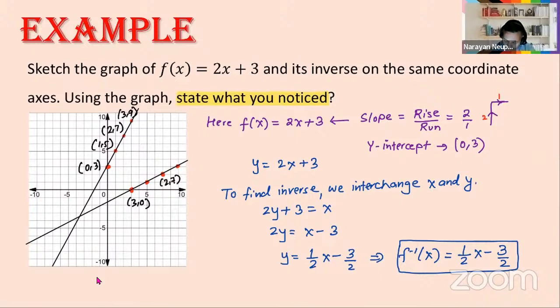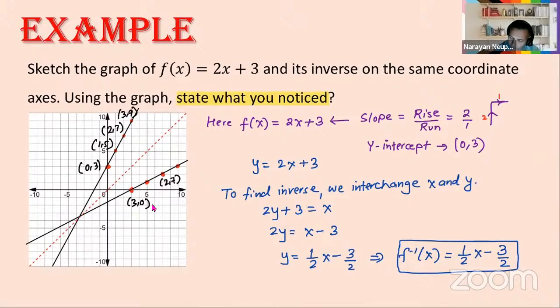So now, if I draw a line like this, the dashed line, you can see that this line passes through 1, 1, 2, 2.